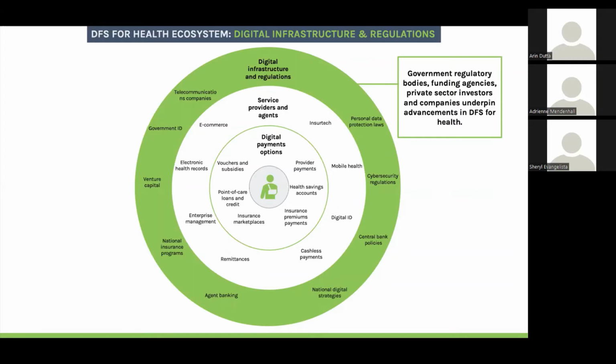We need to see central bank policies that enable innovation along with national digital strategies and the digitization of the national insurance program, existing banking services for the previously unbanked population, such as agent banking, but also greater access to connectivity through the telecommunications companies, investments from venture capital firms, and of course, government IDs as well, to ensure that the services are going to the people who it's intended for.